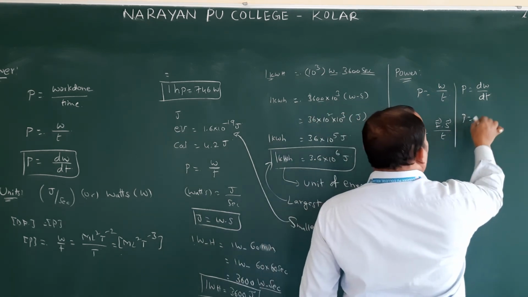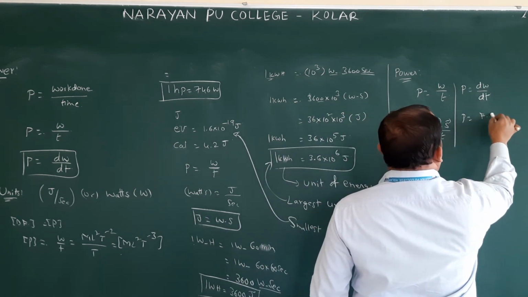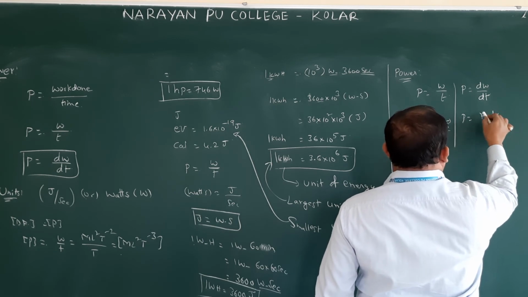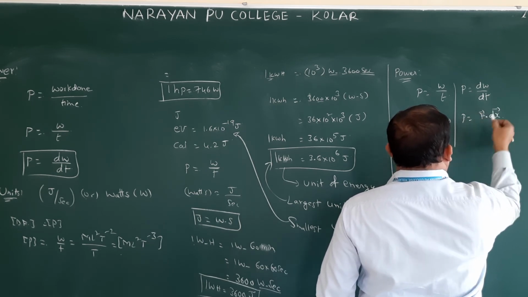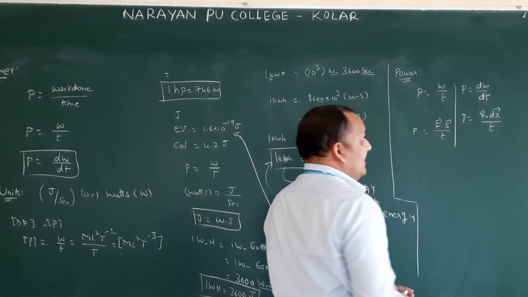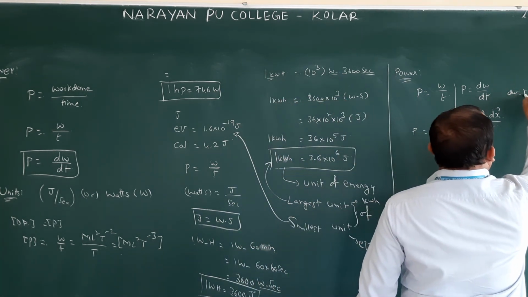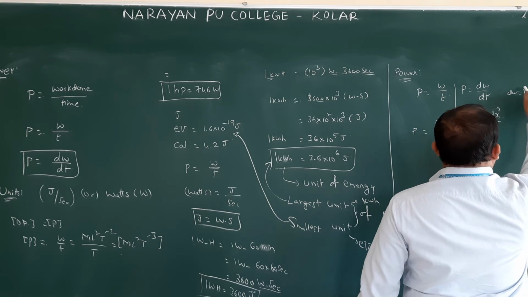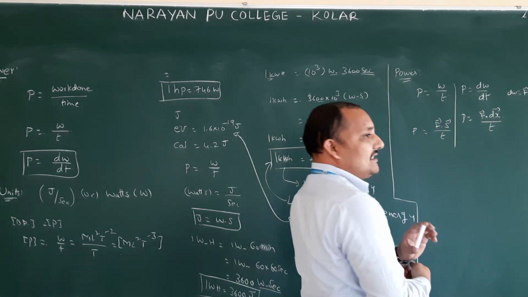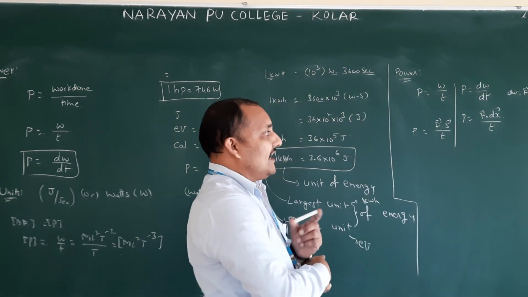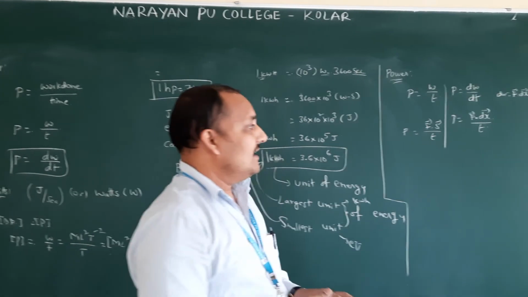Whenever dW is there, what is work done? dW is equal to F into dx. Both are in the same direction, so F dx. If you want to write with angle, F bar dot dx bar.